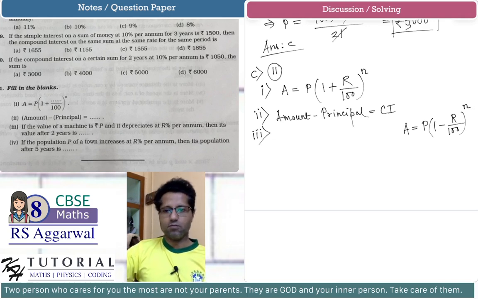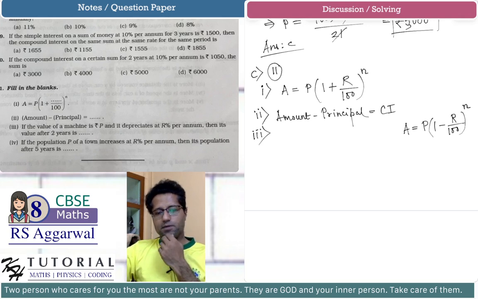This is the formula for the depreciation of values of articles with a given depreciation rate percent per annum.